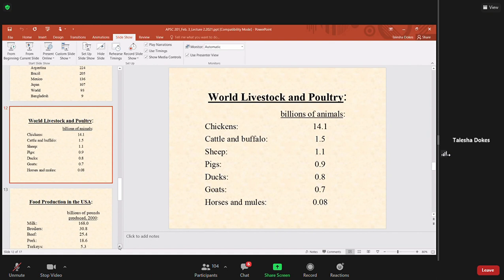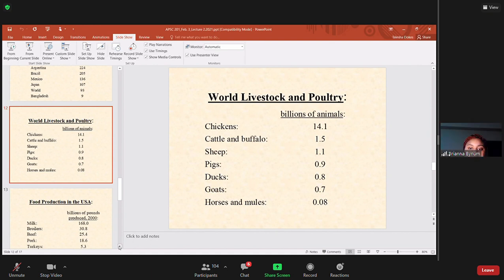The goats are pretty low on this chart, but I think goats have moved up, based on some recent research I have done. The demand for goats within the U.S. has increased quite a bit, and goat products and goat farms have increased quite a bit. So I'll probably need to look into updating that number.